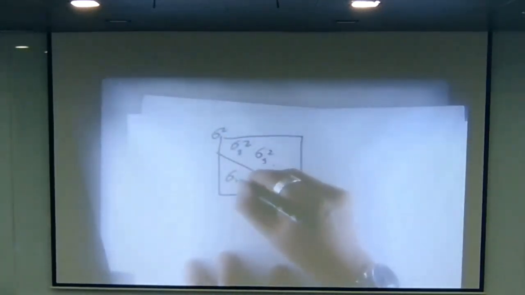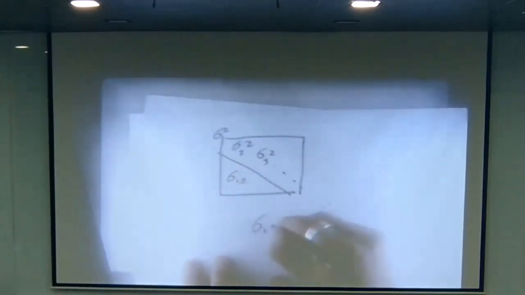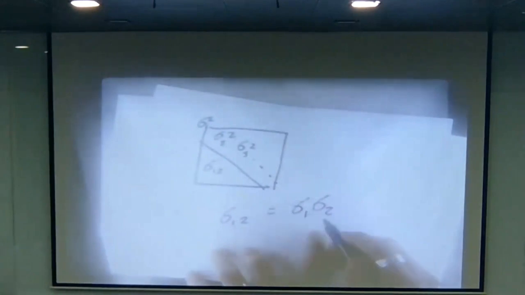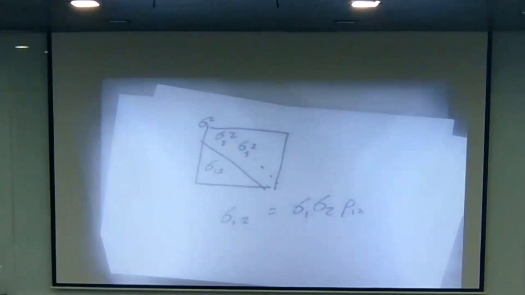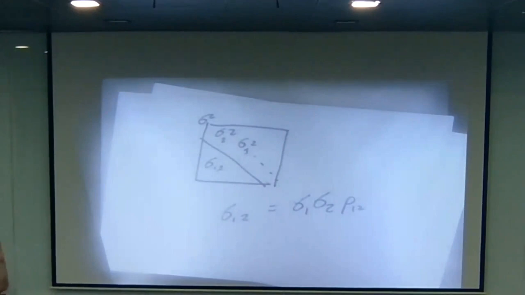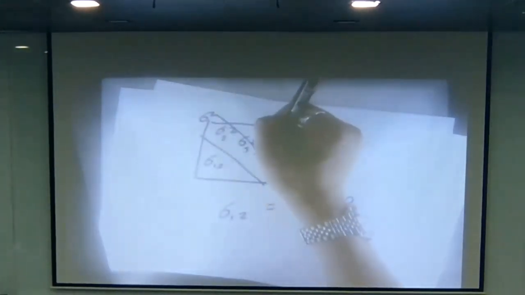Sigma 12 is equal to sigma 1 sigma 2 rho 12: standard deviation 1, standard deviation 2, and correlation 12. So any pair. If you have 100 data points, how many pairs do you have? You get this matrix, 100 by 100, right? You have the thing that pairs with itself, so that one is going to have just the variance. Over here it's called covariance.